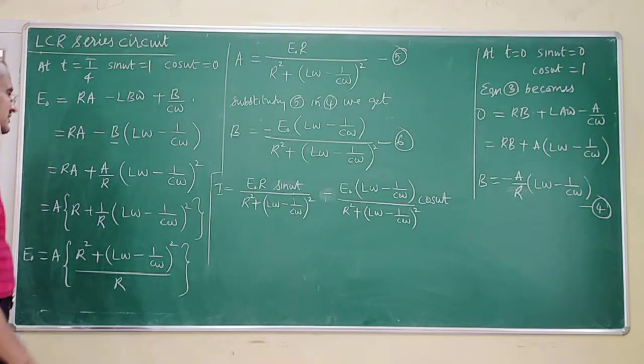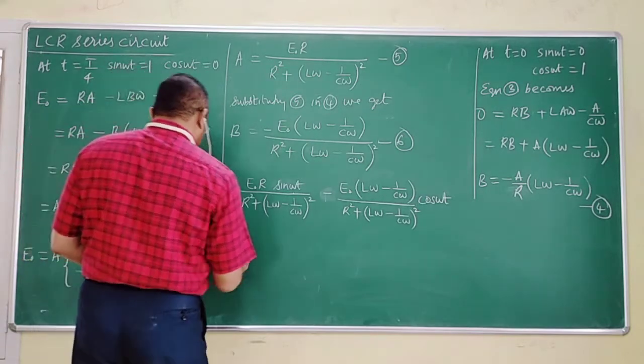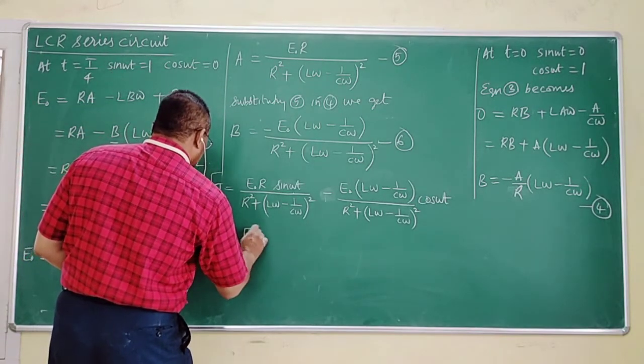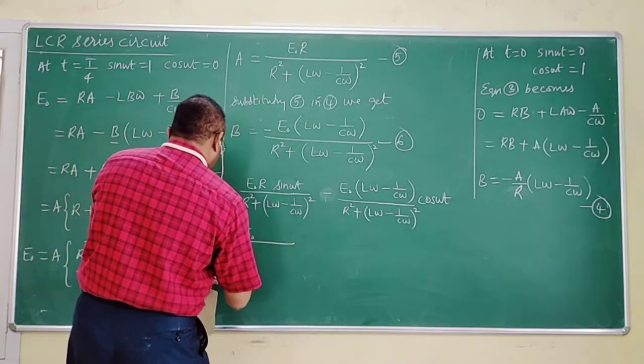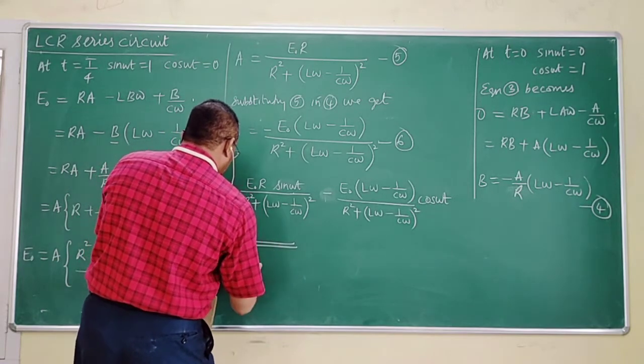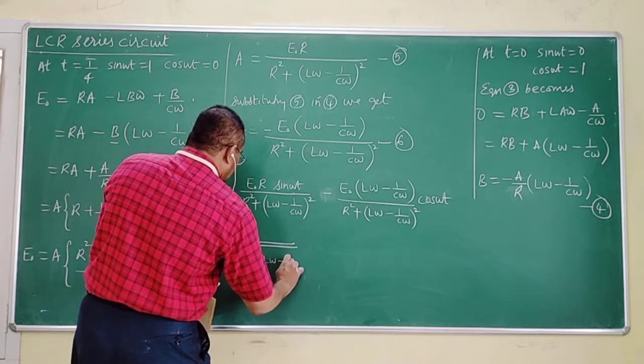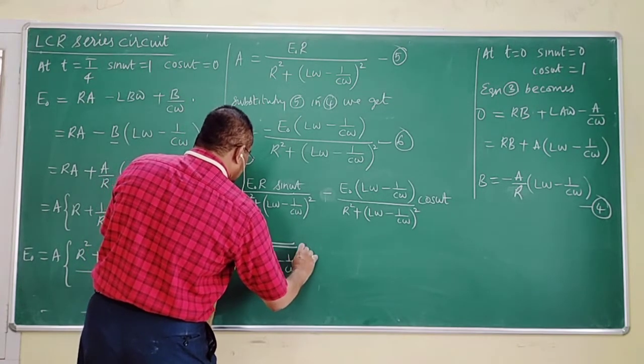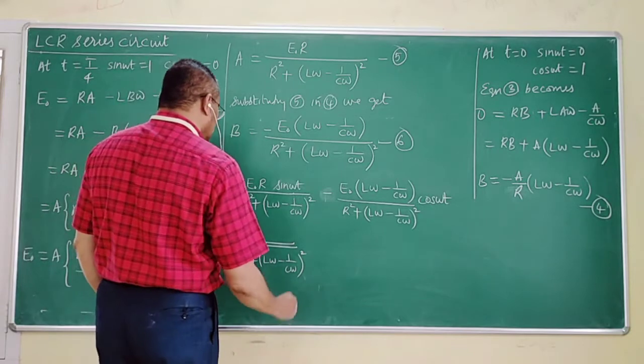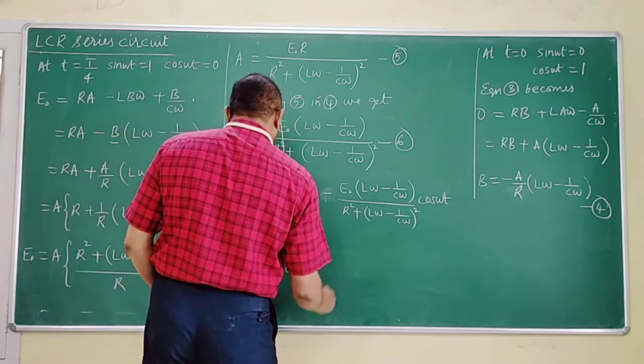Now we need to modify this a little bit in this form. E naught upon under root of R square plus L omega minus 1 by C omega square, bracket open.